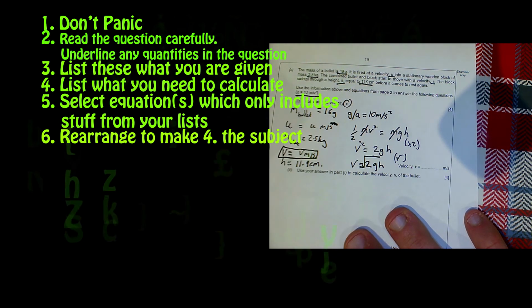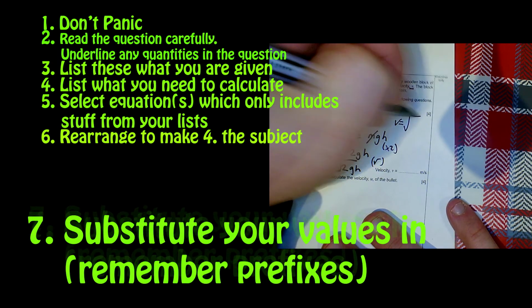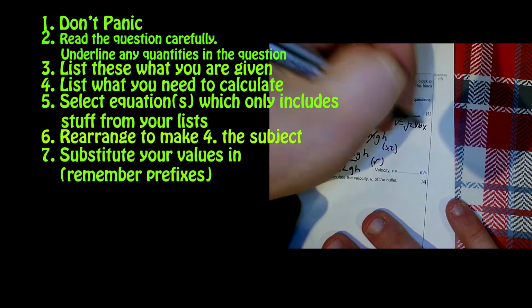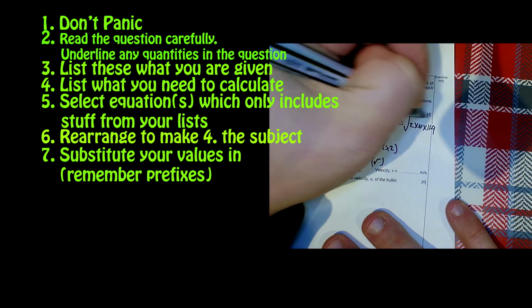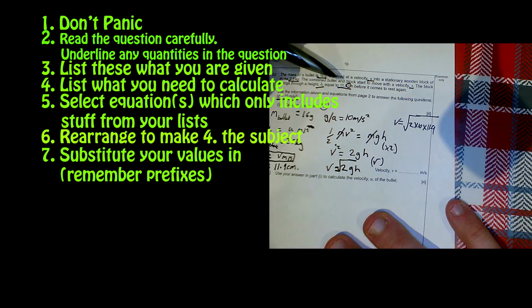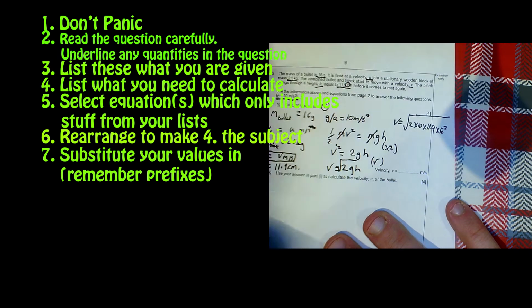Step 7, substitute in what I know. So v equals the square root of 2 times 10 times 11.9. When you substitute in, be careful of any prefixes. We've got centi here, so it's actually 11.9 times 10 to the minus 2.